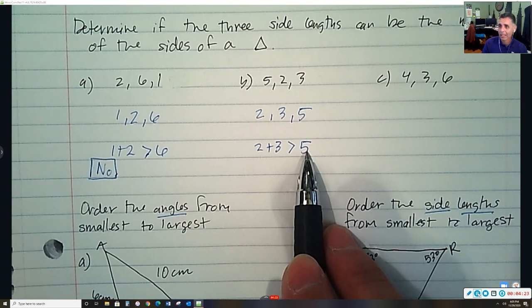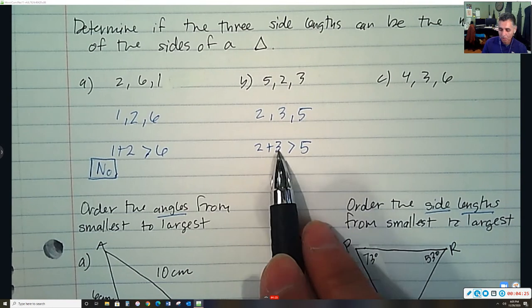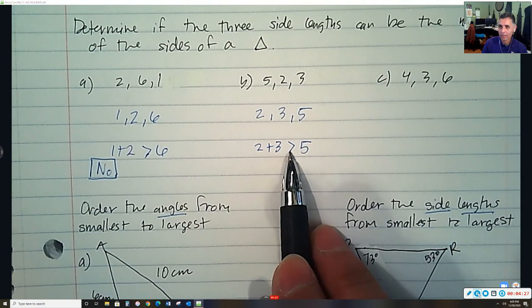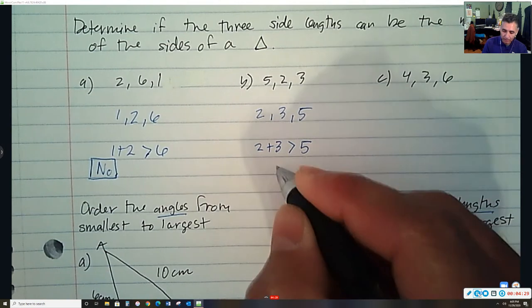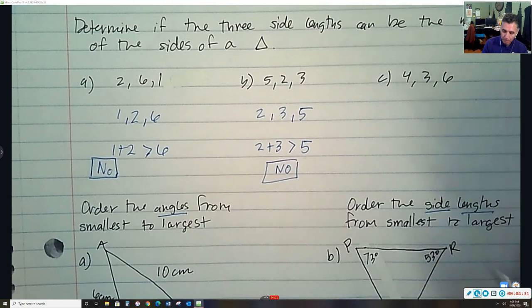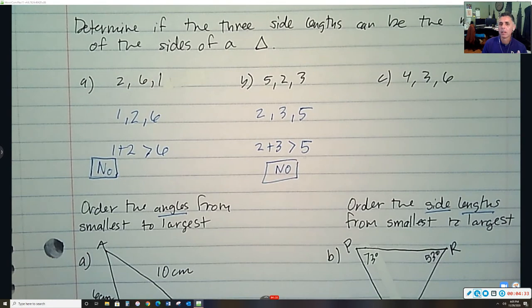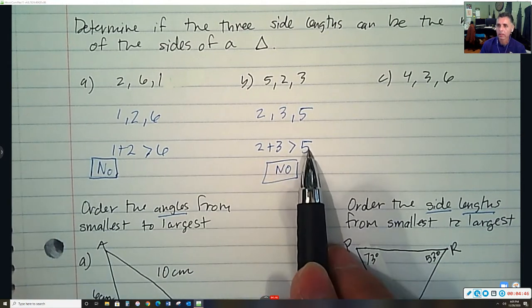If it's not, then they can't. 2 plus 3 is not bigger than 5, so this is another no. And again, I'll share a video with you guys either today or the next day that'll represent this a little bit better, and you can see visually what's going on when these two side lengths are not bigger than the third one.